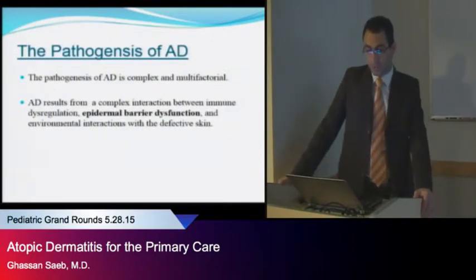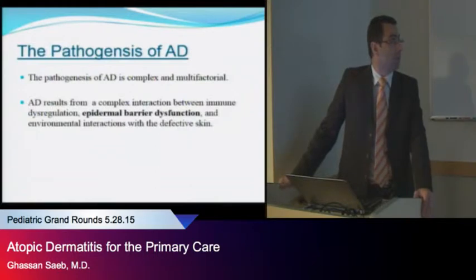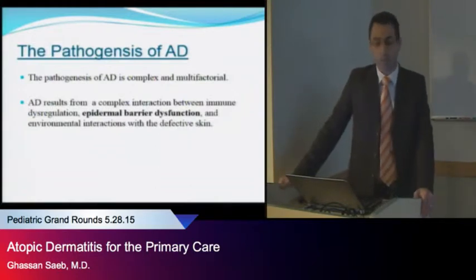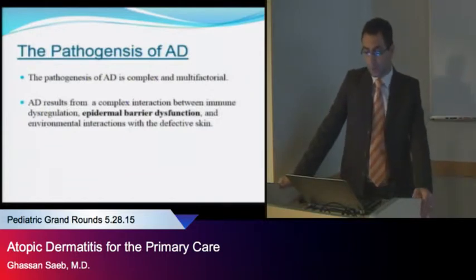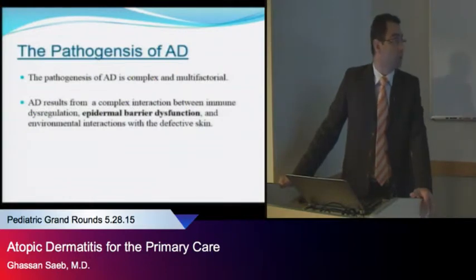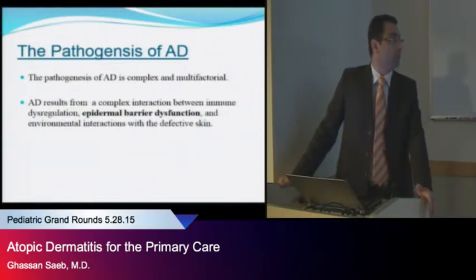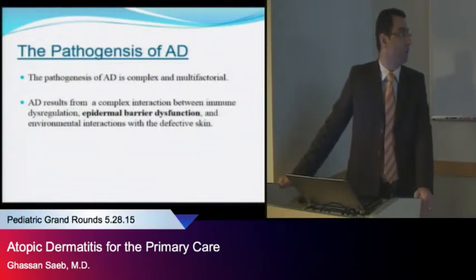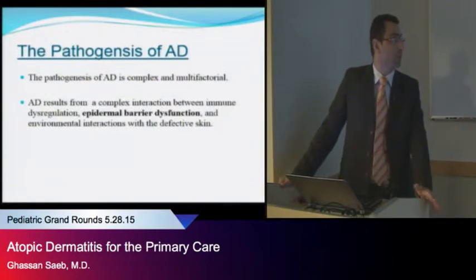The pathogenesis of atopic dermatitis is complex and multifactorial. It results from a complex interaction between immune dysregulation, epidermal or skin barrier dysfunction, and environmental interactions with the defective skin.